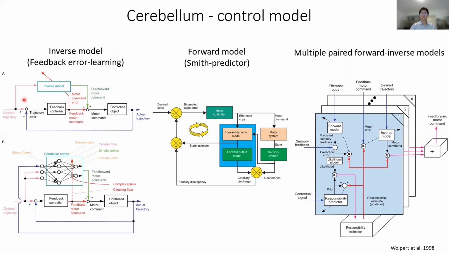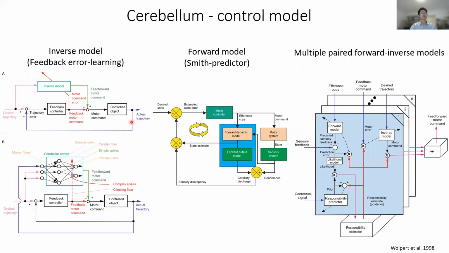For example, if you want to produce a movement, say make a straight line, you have to know which command my brain has to send to produce this movement. So for the inverse model, the input is the desired movement, and the output is the command of your brain. This is what the inverse model does.